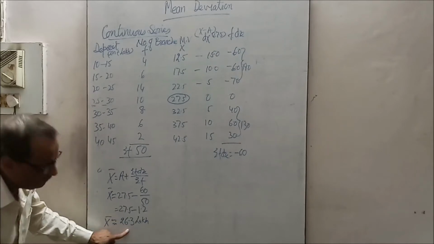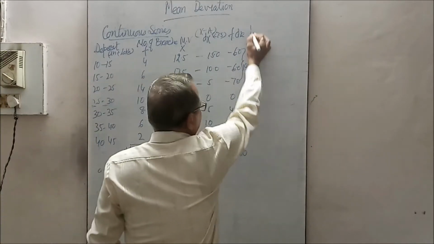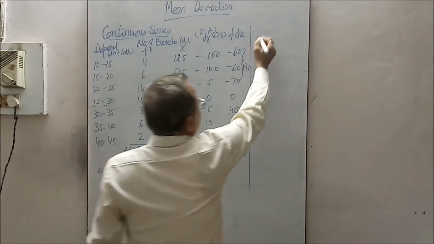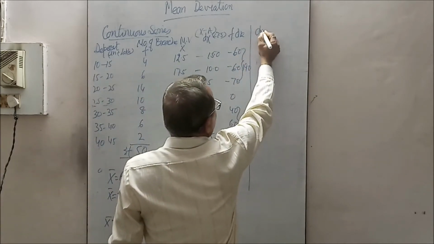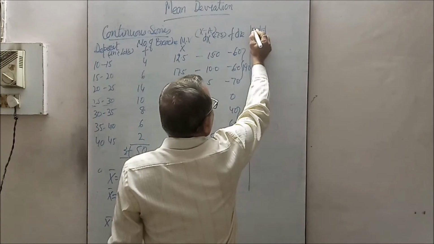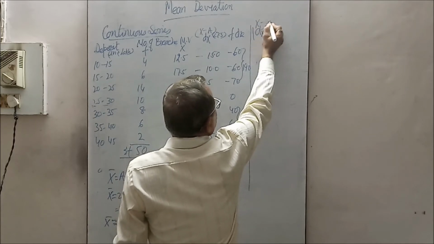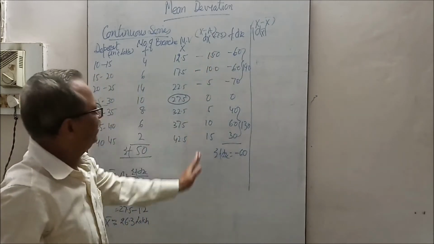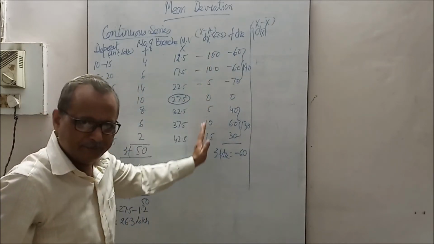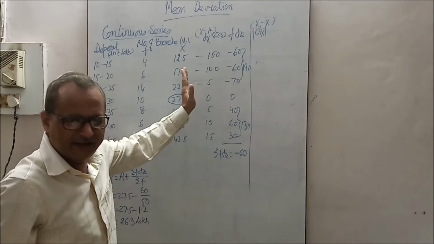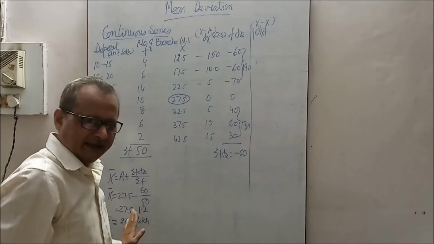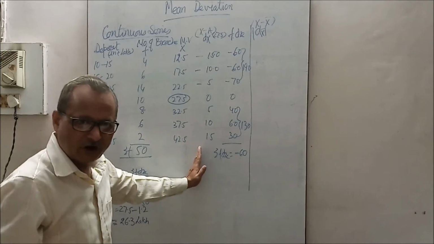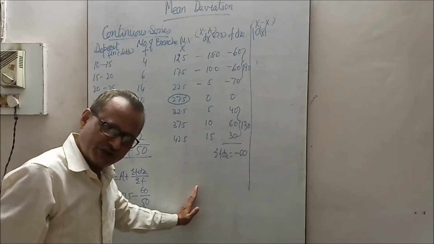Now from this mean we will find the mean deviation from the mean, that is x minus actual mean. To find the mean, in your book it is given in the direct method; I have solved by the shortcut method.